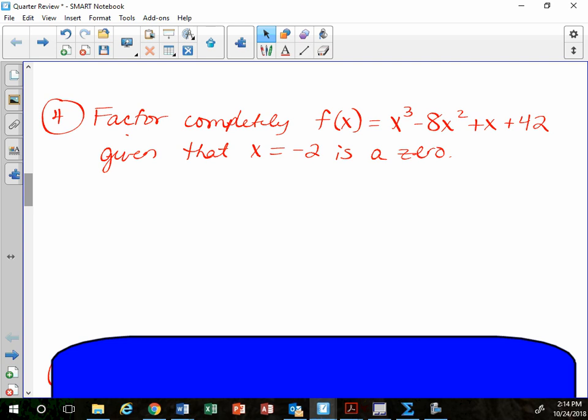Factor. Factor completely. Yeah. Yep. It'll be factor completely. And guys, the degree is 3. How many factors do you think you're going to have at the end? 3. Okay. If you only have 2, you lost something somewhere. Go find it.